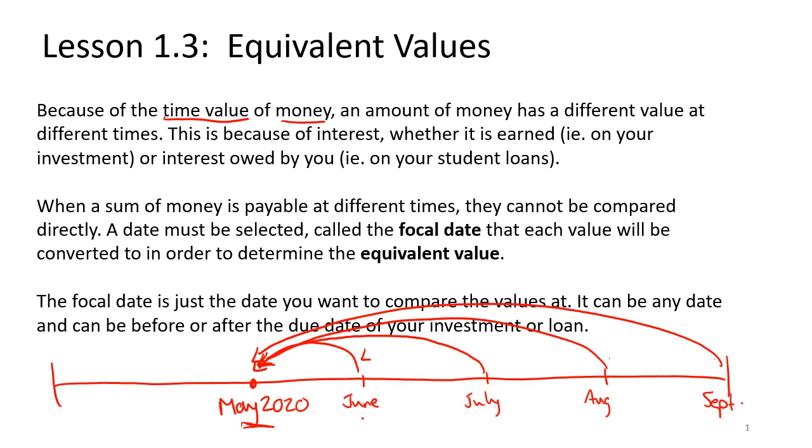That point in time, in this instance today, is known as the focal date. And what you're doing is finding the equivalent value of each of these payments. It could be that you are adding $500 to a savings account each month. So in today's dollars, how much would that be worth as you keep adding money?